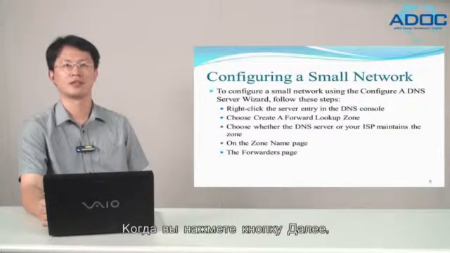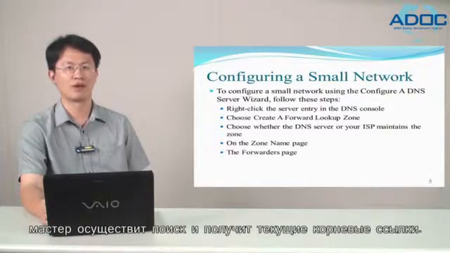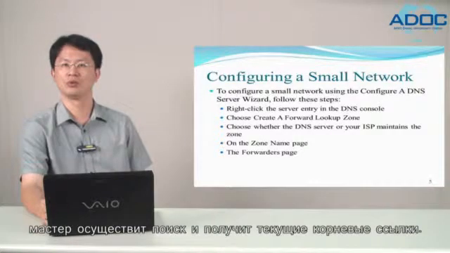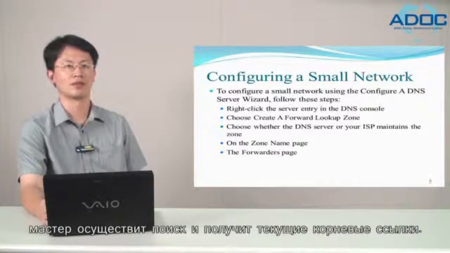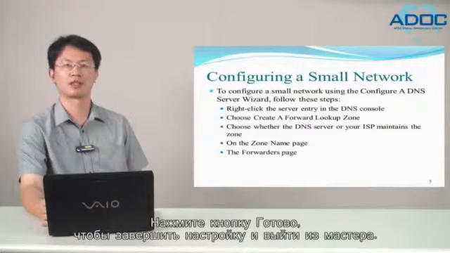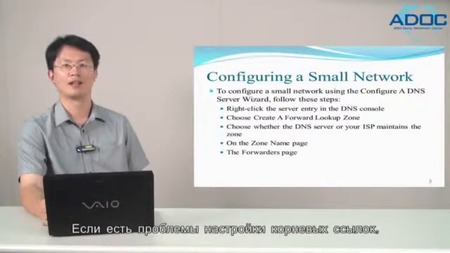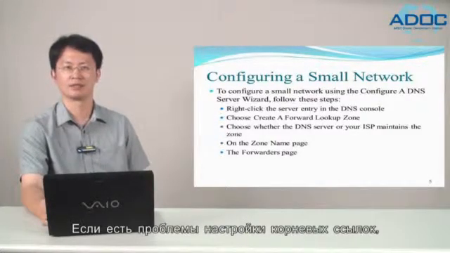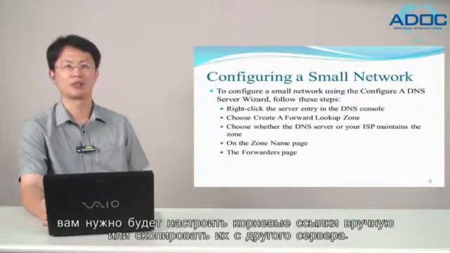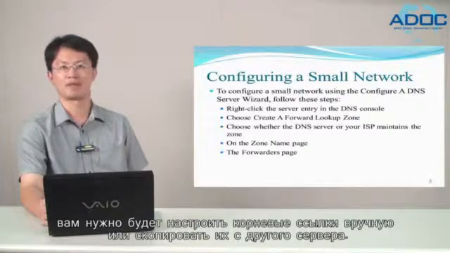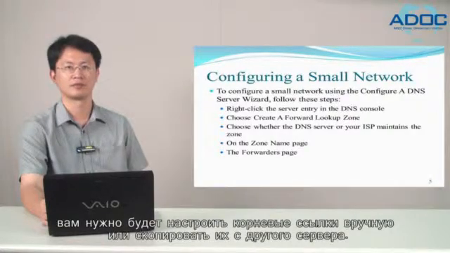When you click Next, the wizard will search for and retrieve the current root hints. Click Finish to complete the configuration and exit the wizard. If there is a problem configuring the root hints, you will need to configure them manually or copy them from another server.